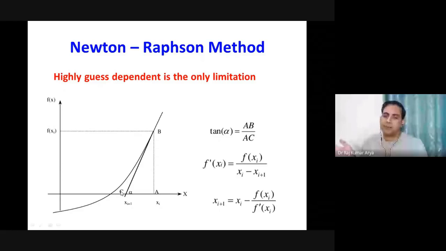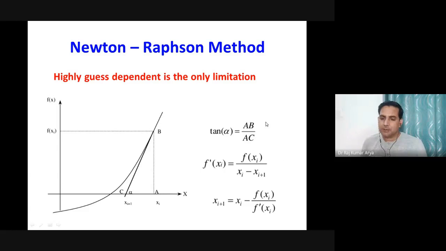So you are very fast. You see, you have taken a guess here, and within the first trial, you are very close to the root. And in the next trial, you are again closer. You are moving at a very fast rate close to the root. So if your guess is good, you will get the answer within few trials as compared to the previous one.